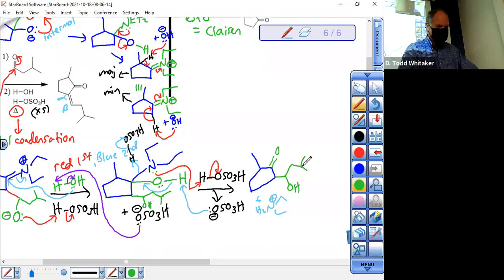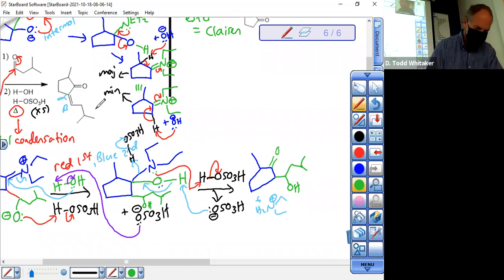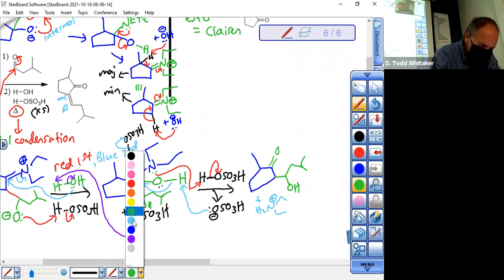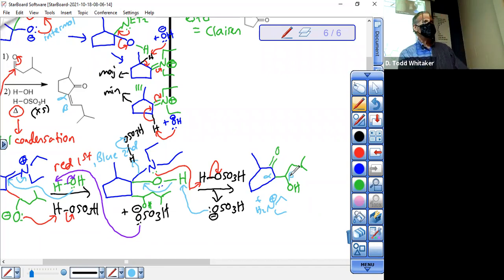We need to make this from this. What's got to go away? Talk to me in Greek. Does anything have to leave the alpha position? Answer, yes. The alpha position has an H on it.